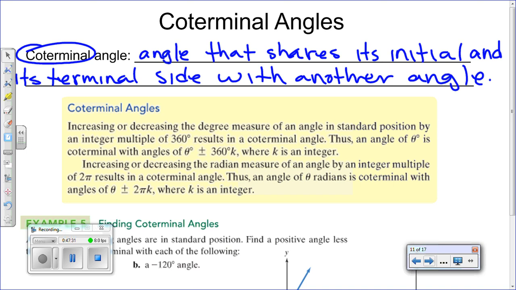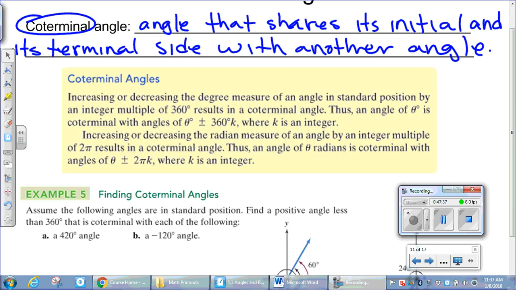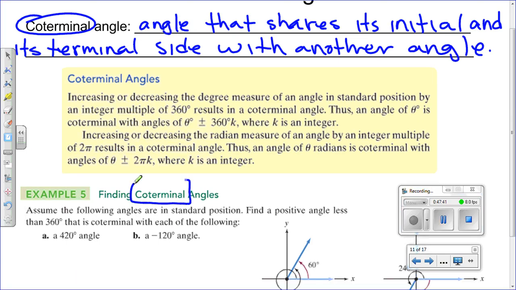All right, coterminal angles. Do you guys write that down? Not yet? Okay, I'll give you some time. Okay, so coterminal, just like your co-workers, like a co-sponsor, like a co-funder. So there are people who work together and they have similar characteristics. And so that's the deal with coterminal angles.